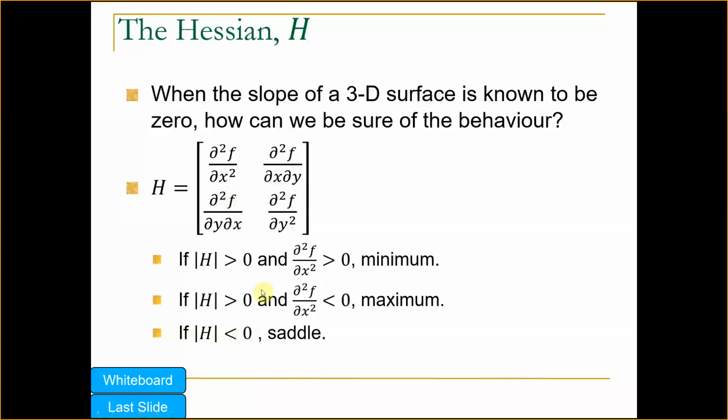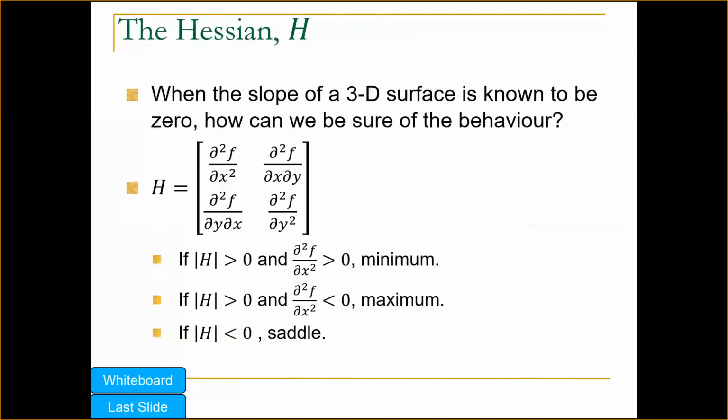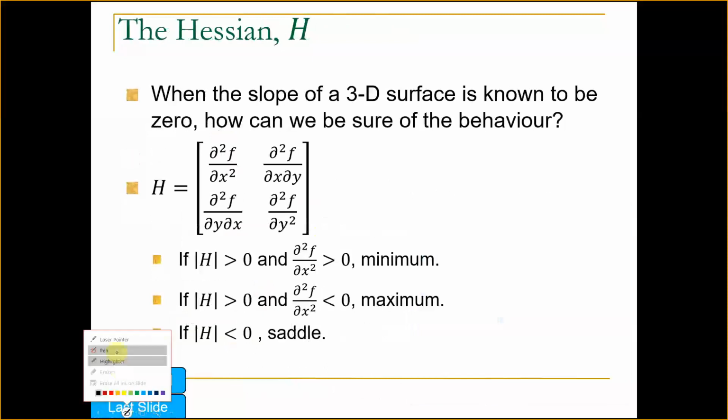And please note, this could have been written the other way, it still holds. What is the other way? This could have been partial y squared, and this could have been partial y squared.